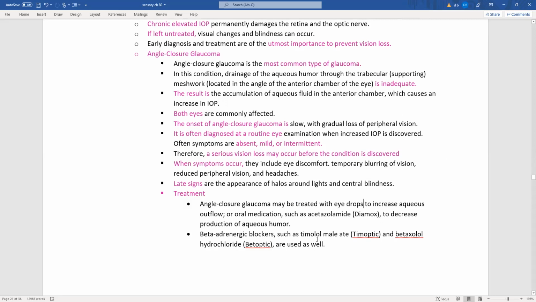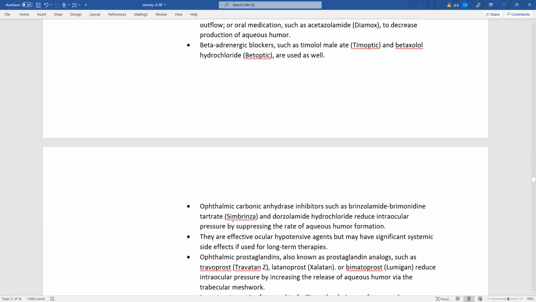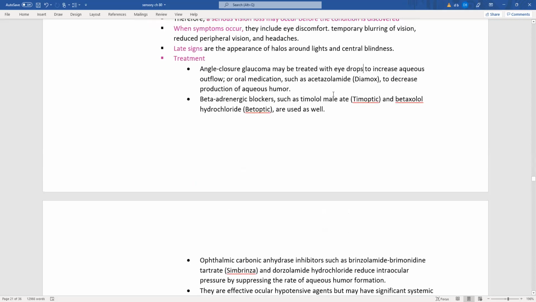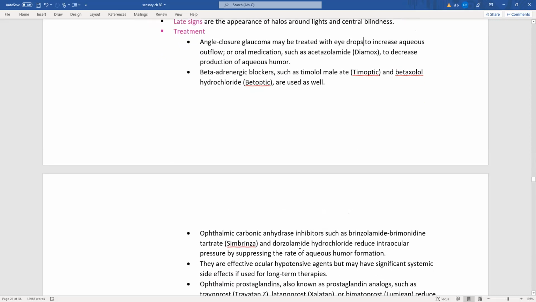Beta adrenergic blockers such as timolol and all the rest of these are used as well. We're also talking about carbonic anhydrase inhibitors such as brinzolamide. It's the same thing, it falls under that category with the mides. You see them, dorzolamide.